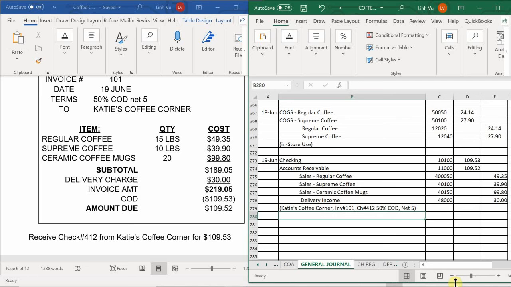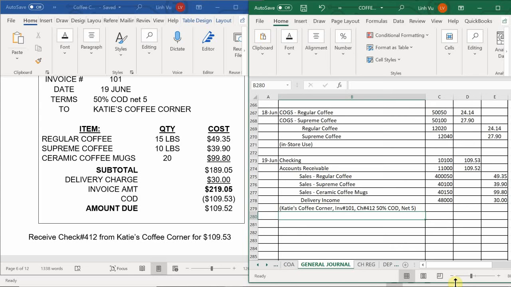In this case, yes, we will have to take it out of inventory. But right now, I just want you to focus on one transaction at a time, because this transaction right here has a lot of windows that we have to fill out. So yes, we update our inventory every time we do an in-store sale, and every time we do a sale to a customer, you have to update your inventory.